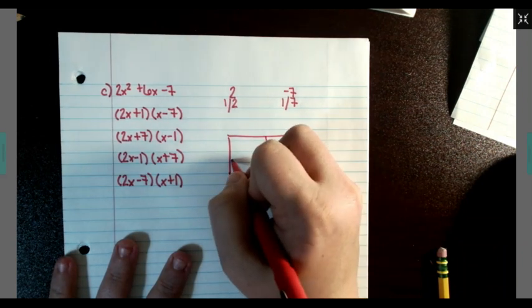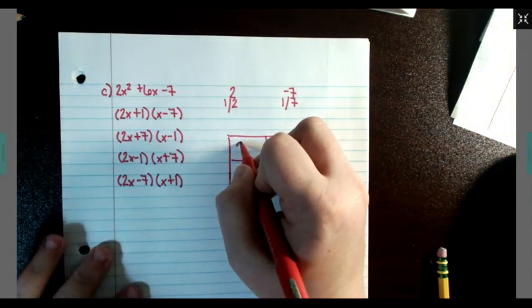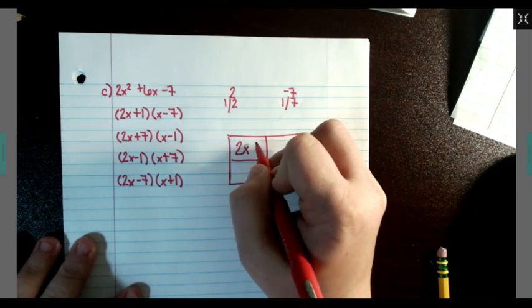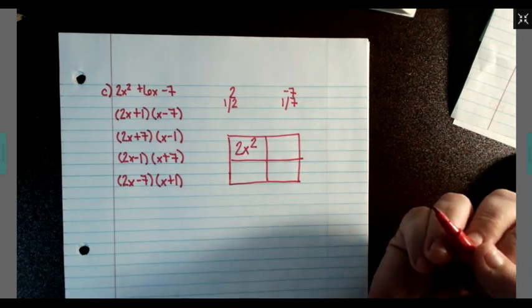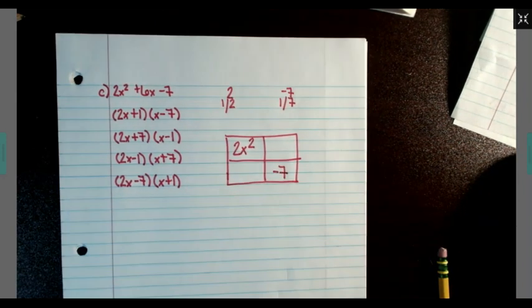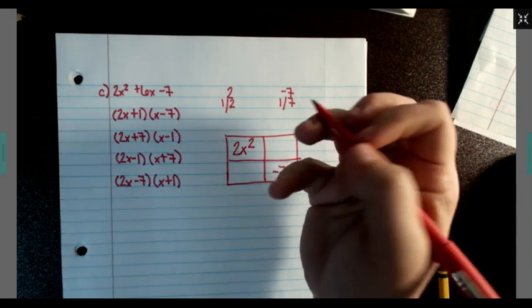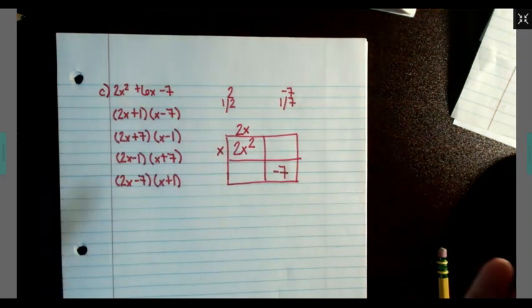Remember we learned in the last lesson, we always want to set our first term in that top left. And in the bottom right, we want to set up our last term here. All right. I know that this has to be 2x and x. There's no other way around it, right?